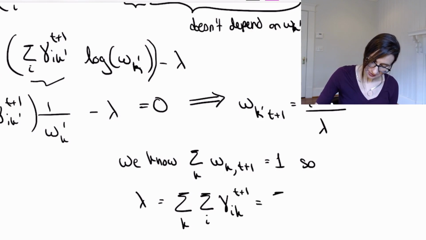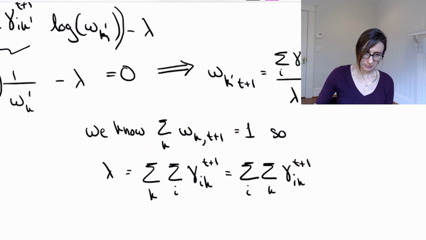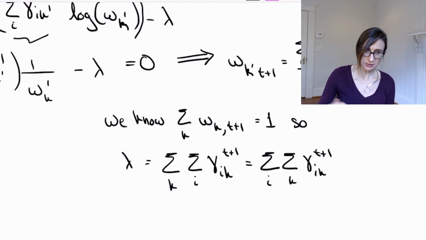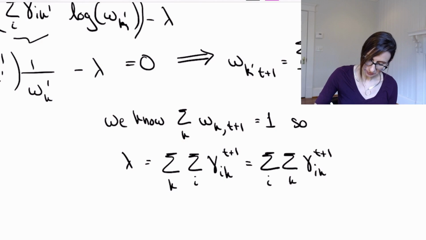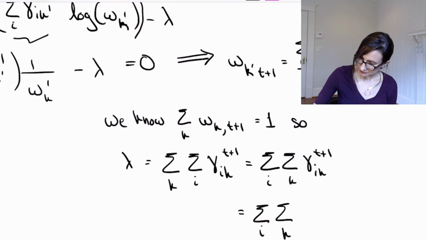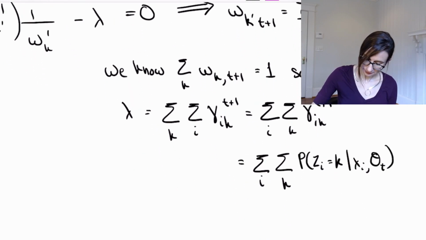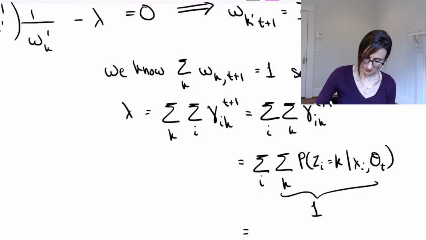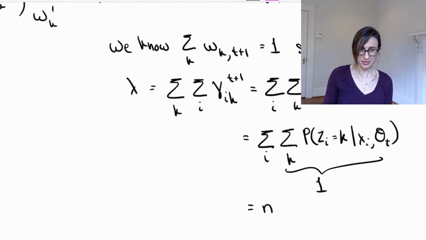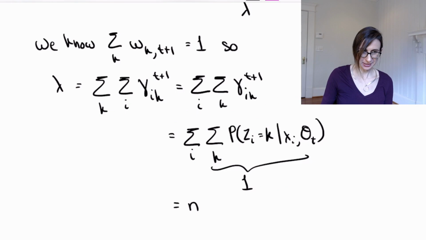Now if I reverse the sums, and remember that these gammas are actually probabilities, then we'll figure out that the inner sum is actually 1. So let's write down the fact that these are probabilities here. Okay, and there we got it.